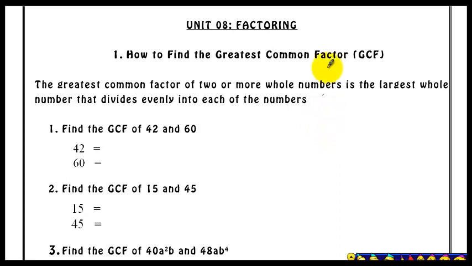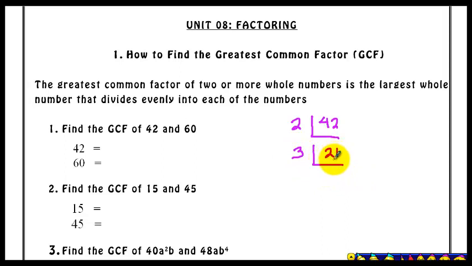For 42, I'm going to use the ladder method, wherein we find the smallest prime number that can divide 42. 2 divides 42, so 42 divided by 2 is 21. Then find the smallest prime number that can divide 21 again. 2 will not work, but 3 will work.